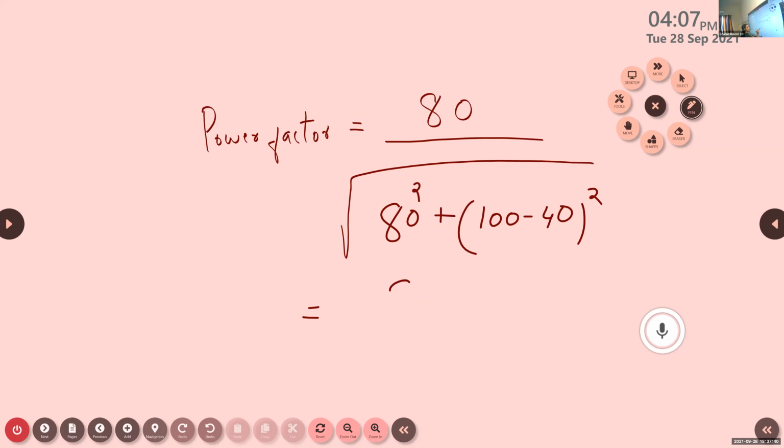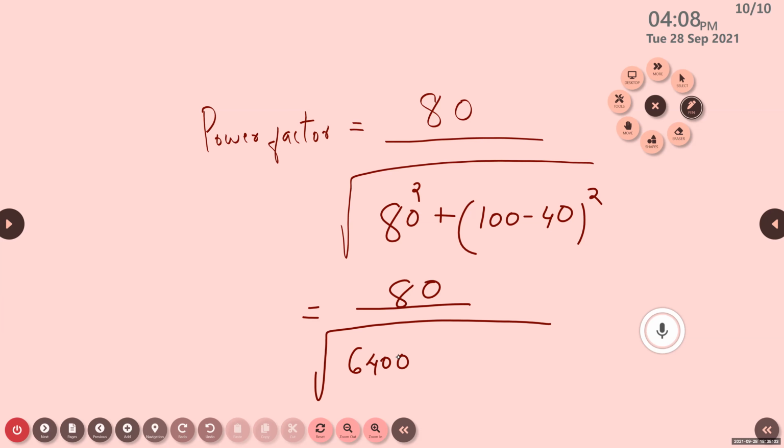That is equal to 80 divided by root of 80 square, 6400, plus 100 minus 40 the whole square.